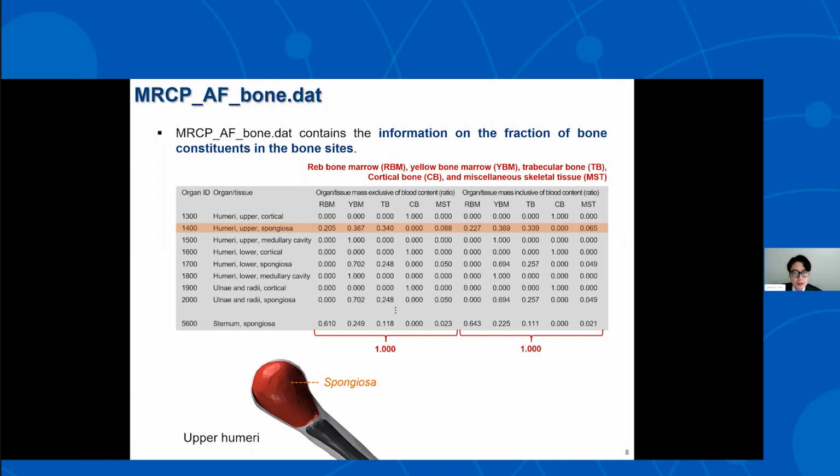For example, the red bone marrow contains a large amount of blood content compared to other skeletal tissues, so we can see each ratio increases for inclusive of blood content. This file can be used for the bone dosimetry or when some skeletal tissues are source regions. And I will explain more details about the bone dosimetry at the end of this presentation.